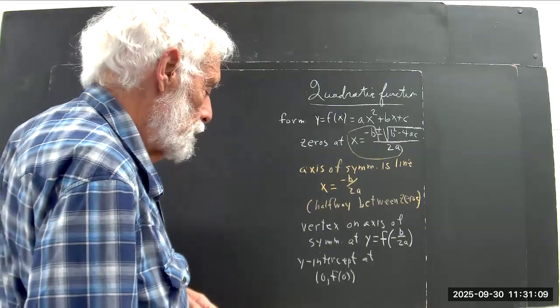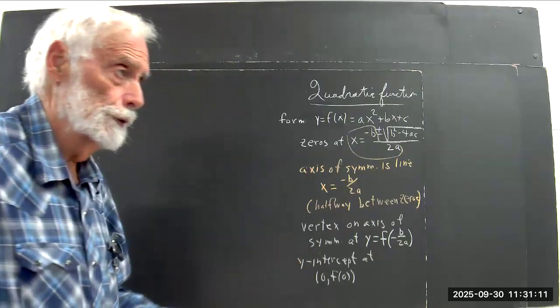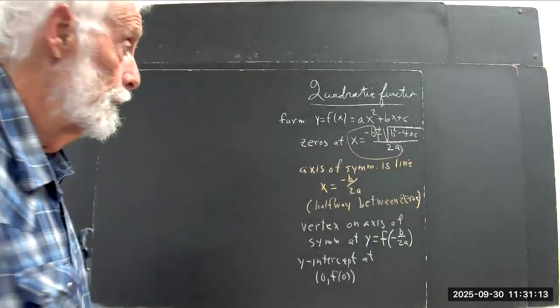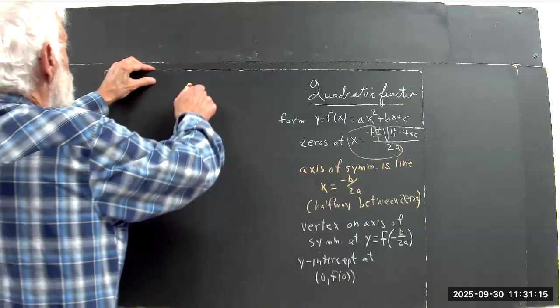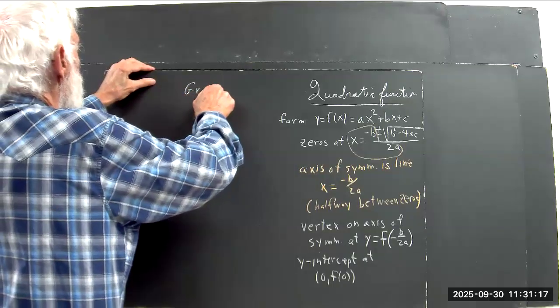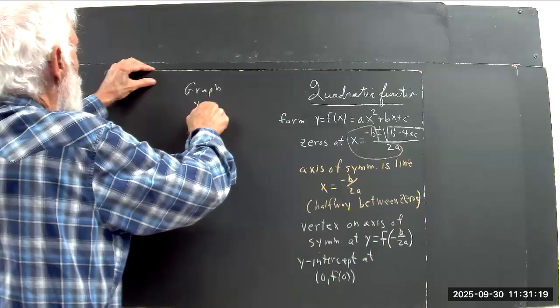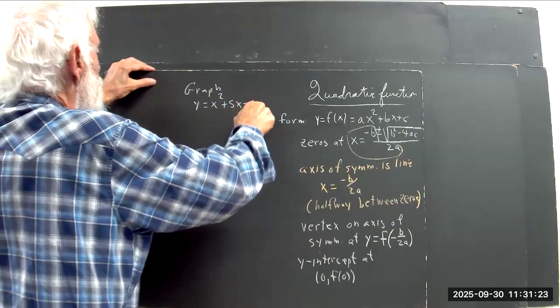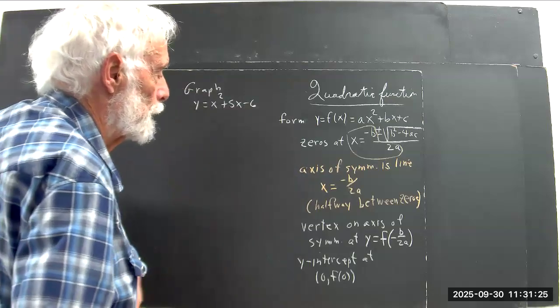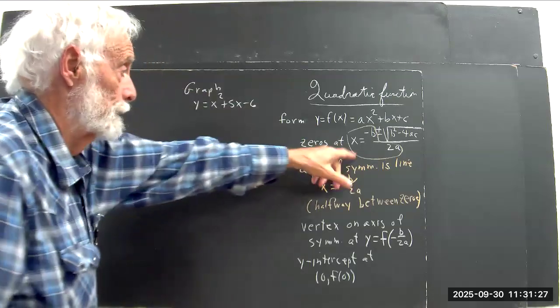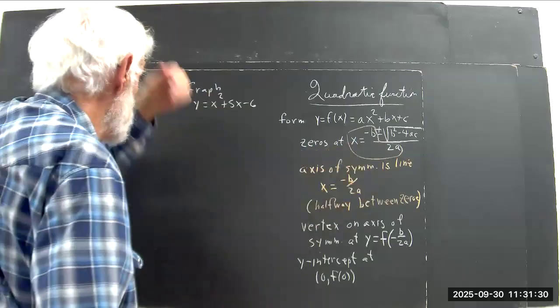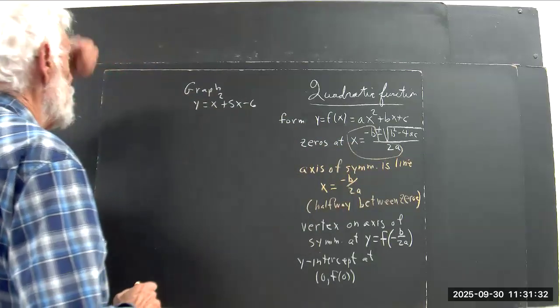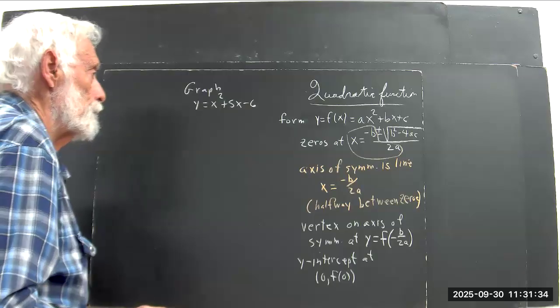Now we want to graph y equals x squared plus 5x minus 6. I didn't write the quadratic formula, yeah, I did. Here it is, zeros at x equals this. So what are we going to do?